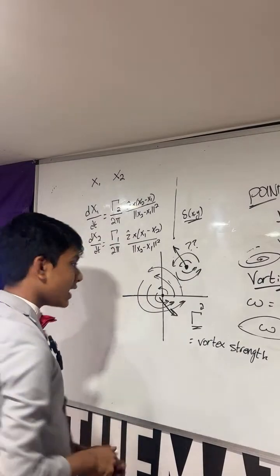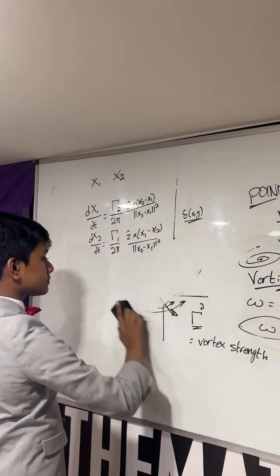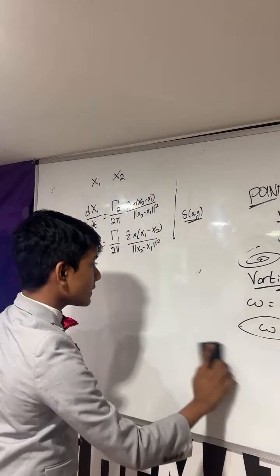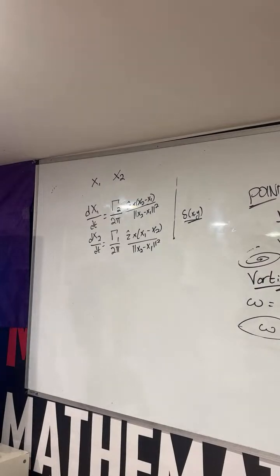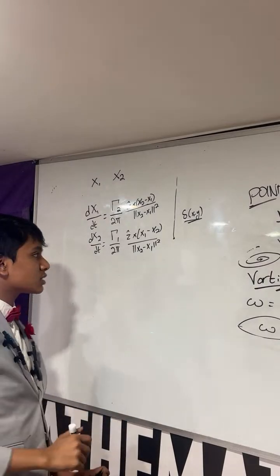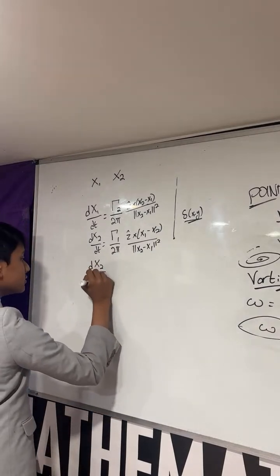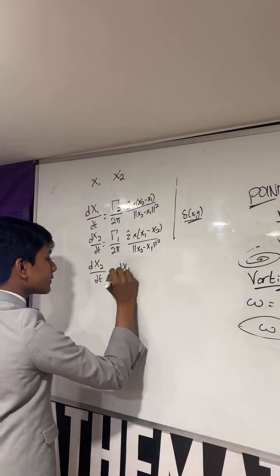All right, so now how can we solve for the equations of motion based on this? Well, something probably instantly comes to mind. What happens if we subtract dx2/dt from dx1/dt?